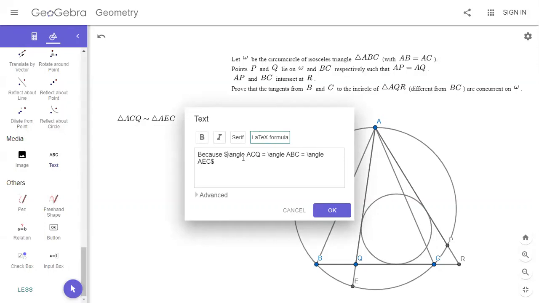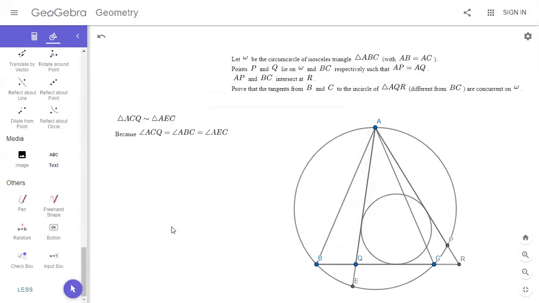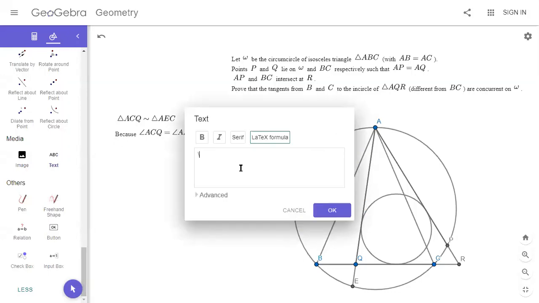So this is basically what a viewer is saying is a shooting lemma. And so from those similar triangles, it's not hard to show that AC squared is equal to AQ times AE.